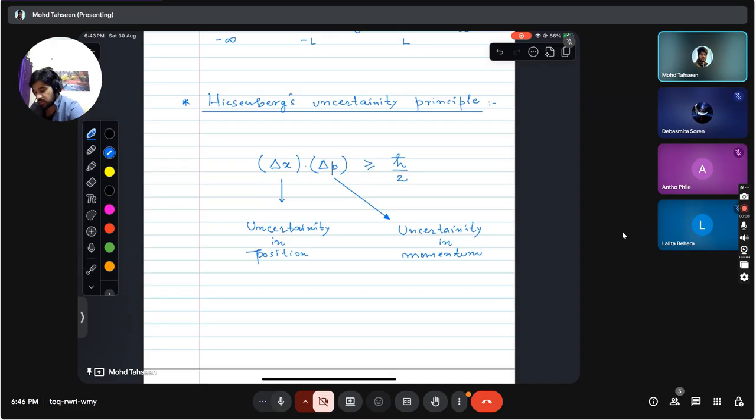Right? And if we take the product of these uncertainties, it has to be greater or equal to some constant, okay, which depends on the Planck's constant.